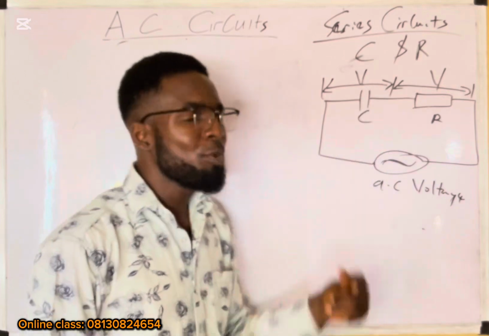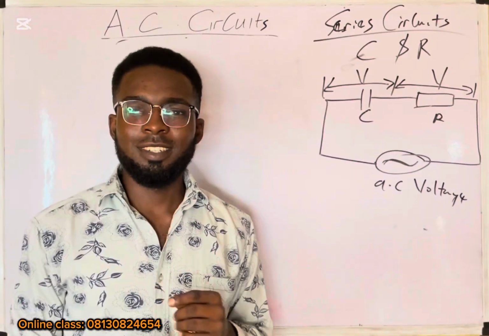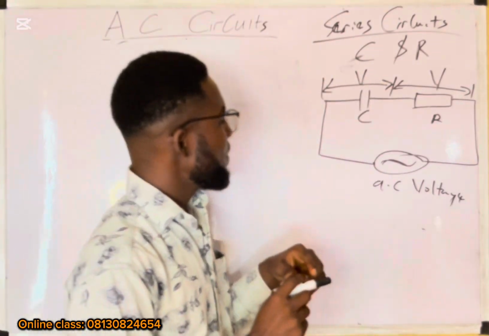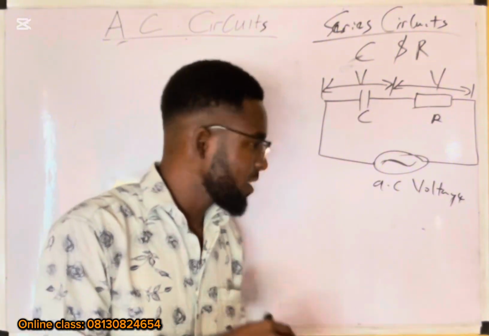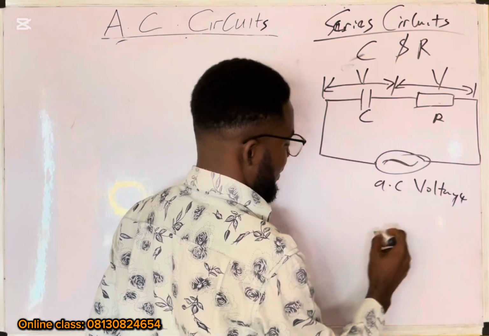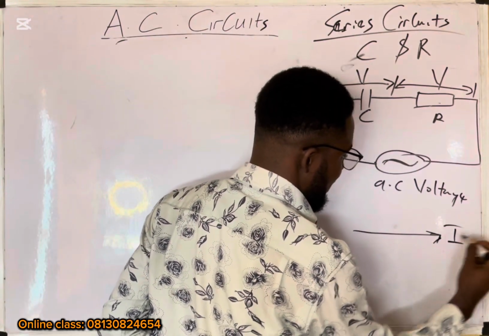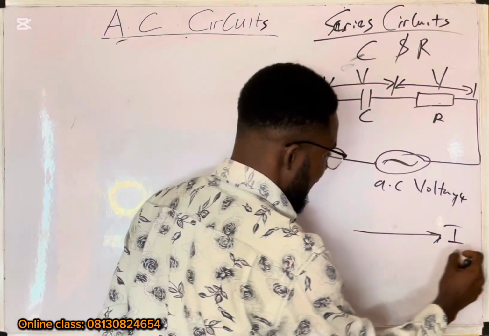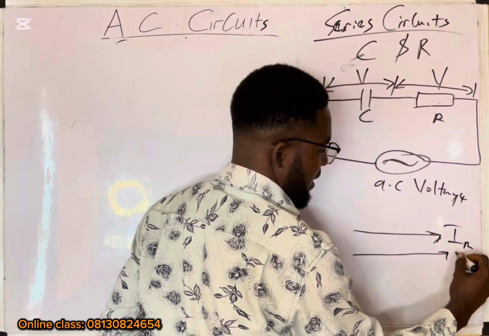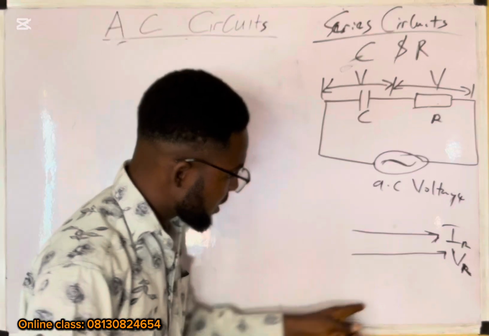If the voltages are different, we are going to look for the effective voltage across the two. Since the current that flows through this resistor is parallel, it is parallel to the voltage across the resistor.